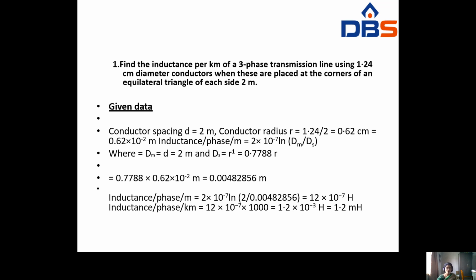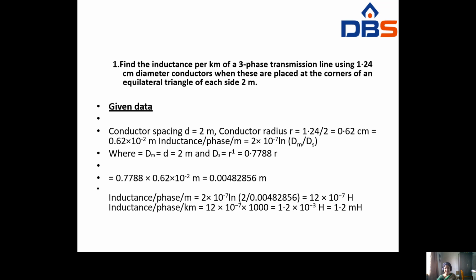Now finally we find the inductance per phase per meter. The formula is 2 into 10 to the power of minus 7 ln of Dm by Ds. So we write 2 into 10 to the power of minus 7 ln of 2 divided by the self GMD value 0.00482856, which gives 12 into 10 to the power of minus 7 Henries.